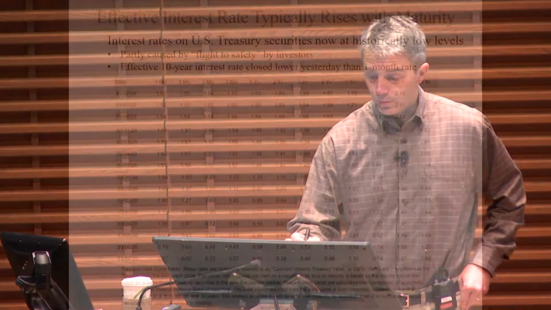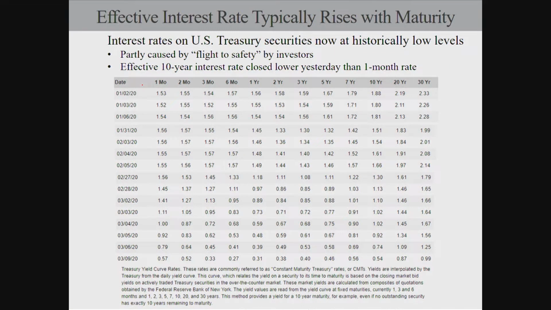We showed the yield curve for the first few days of January, February, and March, and saw how much things had changed over time. I focused the discussion on what had happened to the 10-year rate, which had fallen from 1.88 down by the time we closed class to, let's say, 1%. And it's fallen even further since then.